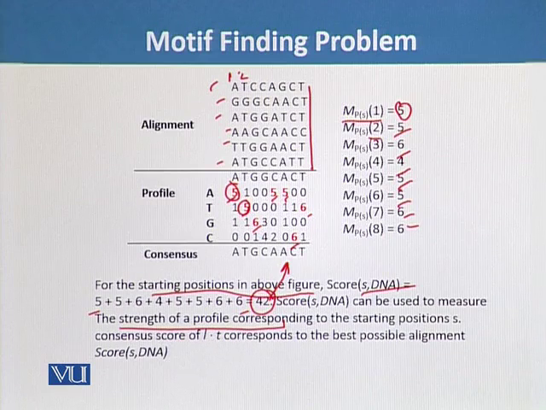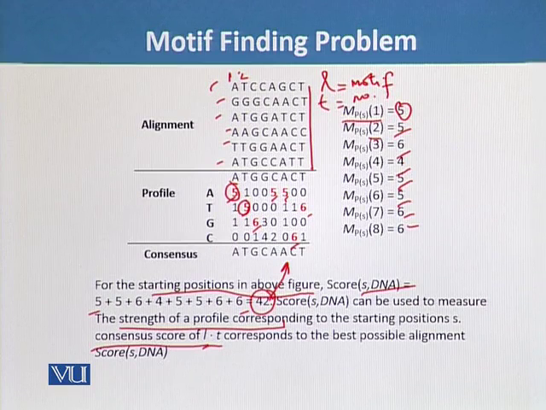And we can also calculate the consensus score of L times T. L means the size of the motif and T is the number of DNA sequences. So we can calculate the consensus motif that corresponds to the best possible alignment score.